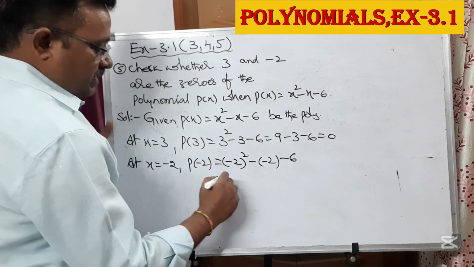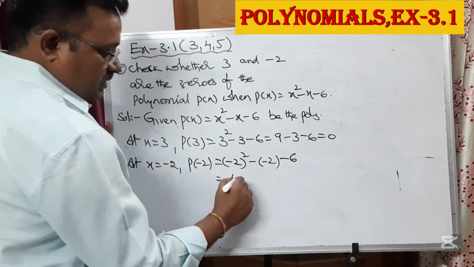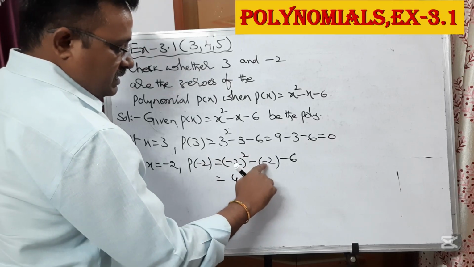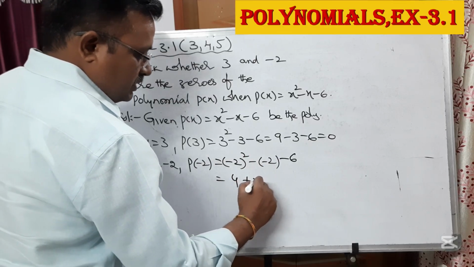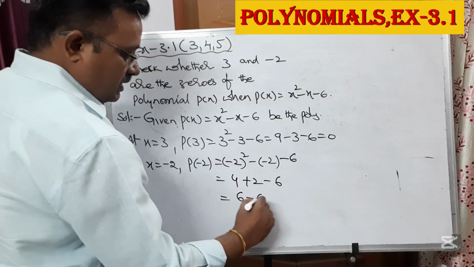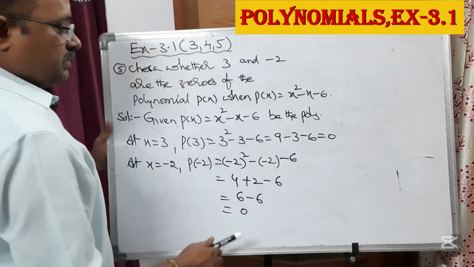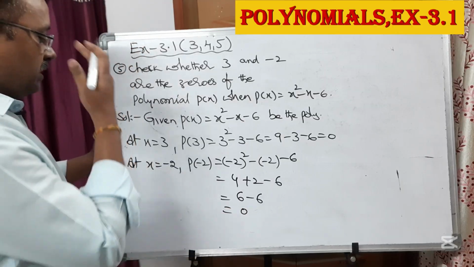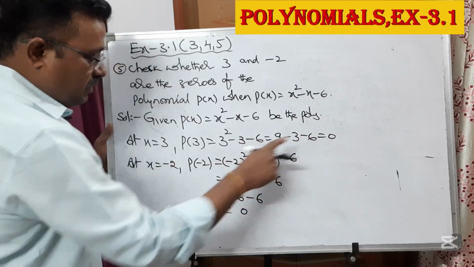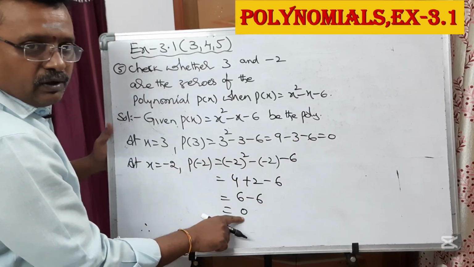Right, this is equal to minus 2 whole square, a negative number with even power is positive. So 4 minus of minus 2 means plus 2 minus 6. This is 4 plus 2, 6 minus 6 equal to 0. So the polynomial is 0. Okay na? Therefore 3 making the polynomial 0, minus 2 is also making the polynomial 0.